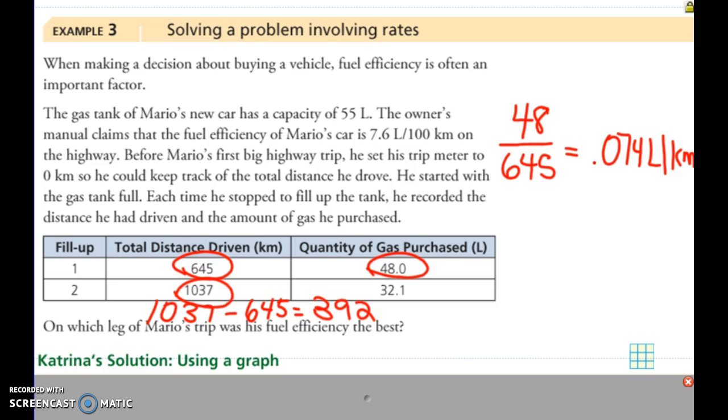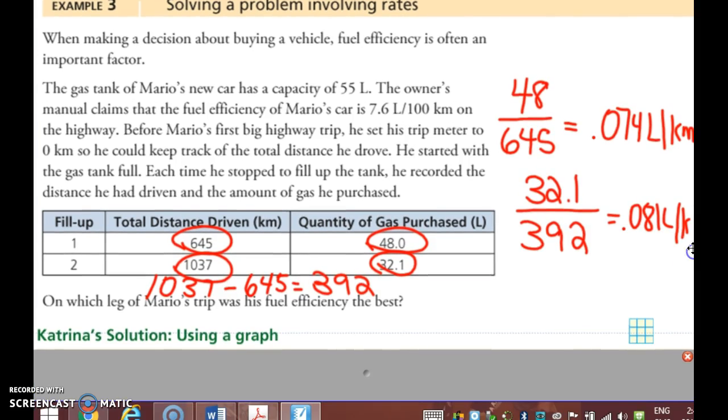So on the second leg of the trip, he used 32.1 liters for 392 kilometers. If we go 32.1 divided by 392, we get 0.081 liters per kilometer. So if we look, the fuel efficiency in the first leg of the trip was better and lower than the second leg of the trip.